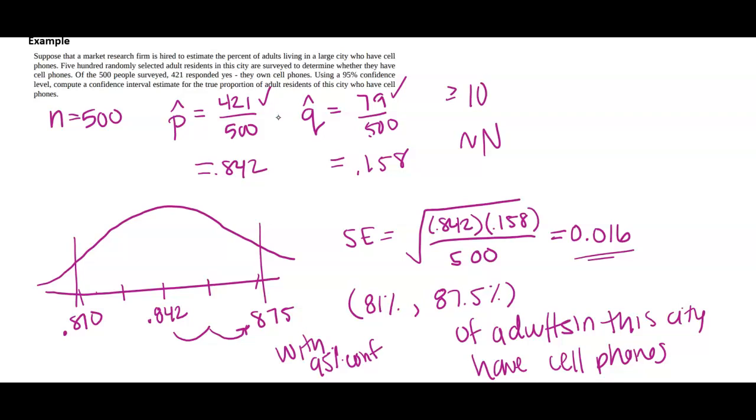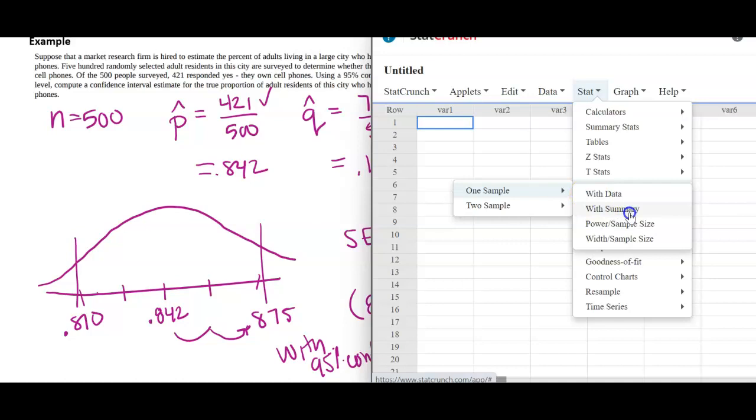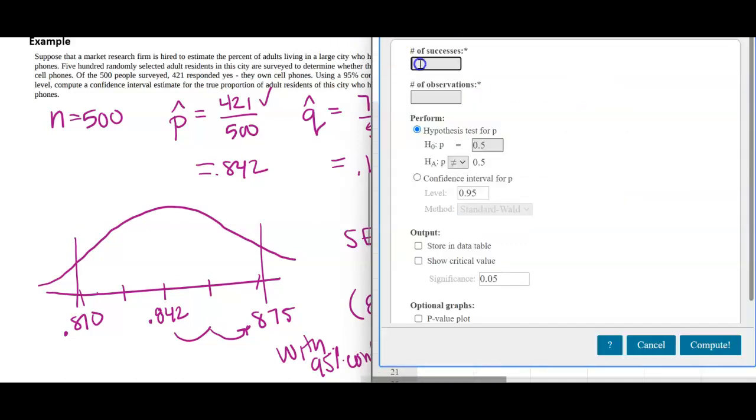All right, let's see if we can have StatCrunch give us a little bit better estimate here. When I go under Stat and go to Proportion Stats, I want to do a 1 sample with a summary, because I just have the input information. So I'm going to input the number of successes and number of observations. I want to do a confidence interval, 95.